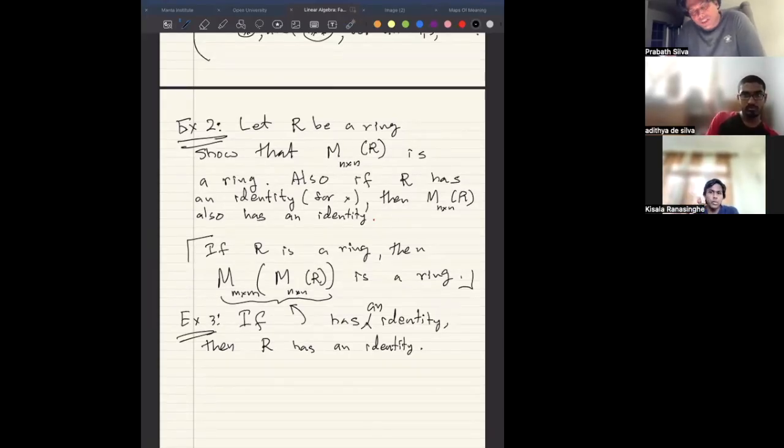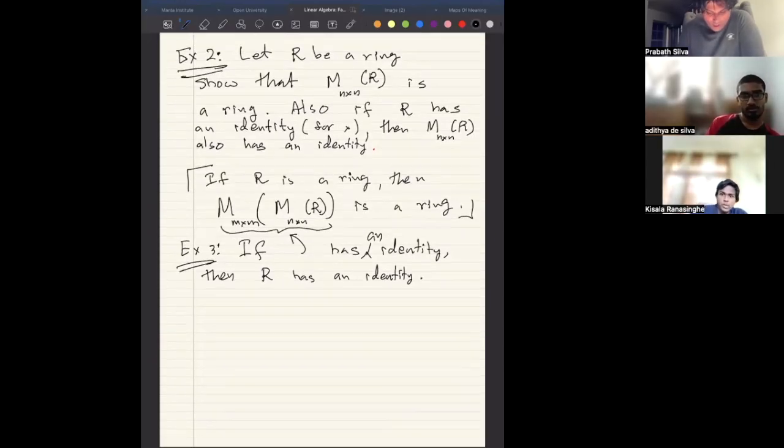When it comes to multiplicative identity, we call it the unity. So the normal way of writing this would be, if this ring is a ring with unity, then the matrix ring itself is a ring with unity. Okay, good.